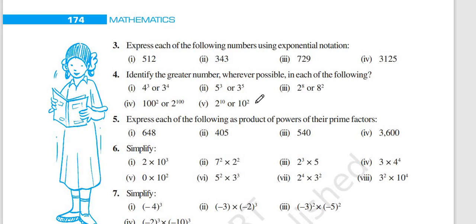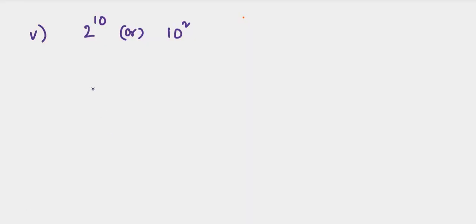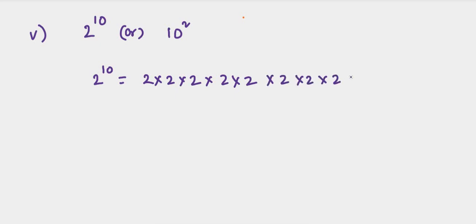So the next question is 2 to the power of 10 or 10 square. Just now and earlier also we discussed 2 to the power of 10. That is 2 multiplied by 2 multiplied by 2, ten times. 2 2s are 4, 4 2s are 8, 8 2s are 16, 16 2s are 32, 32 2s are 64, 64 2s are 128, 128 2s are 256, like that, you get 1024.